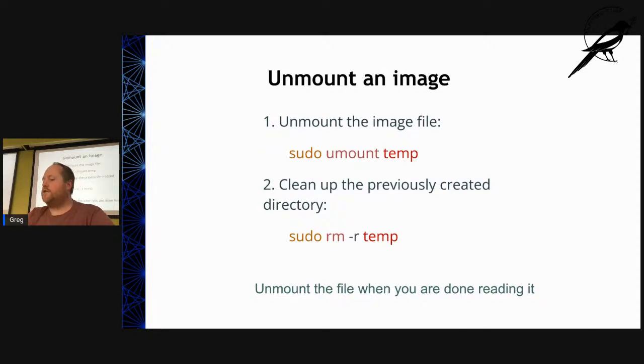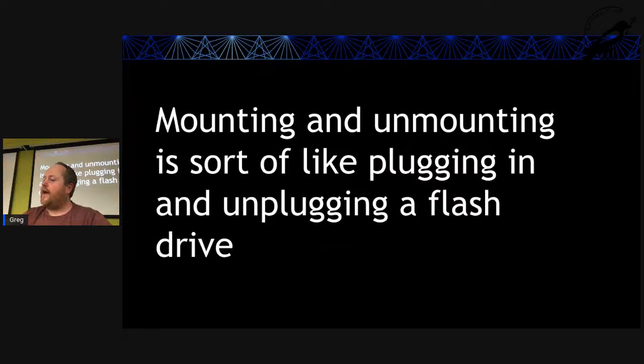And once you're done, I should have cleaned these slides up, you do not need to sudo to destroy the directory, but you can just delete the directory when you're done. Again, mounting and unmounting is sort of like plugging in a flash drive, a USB stick.